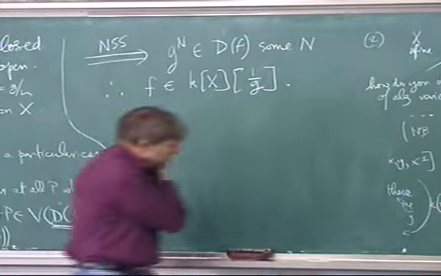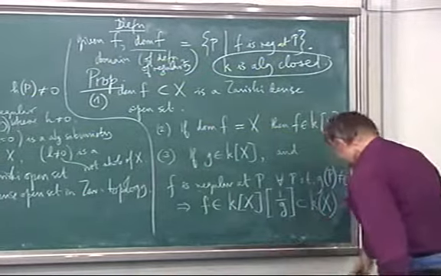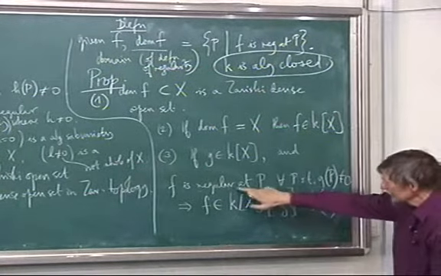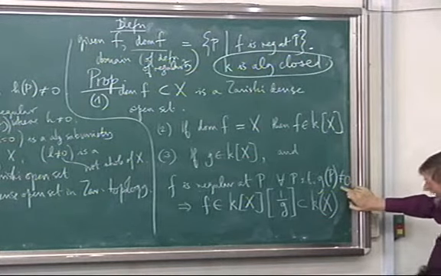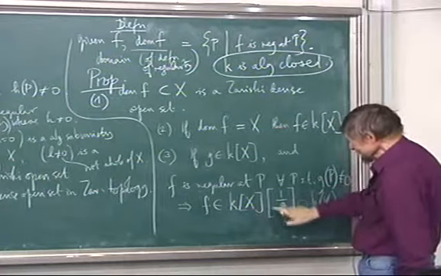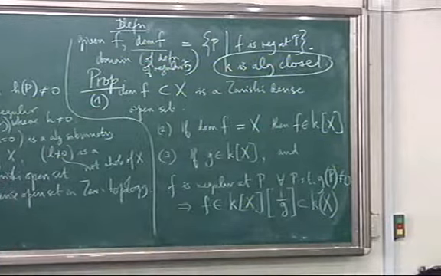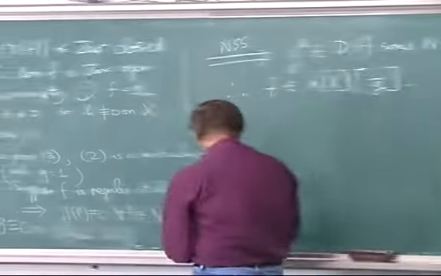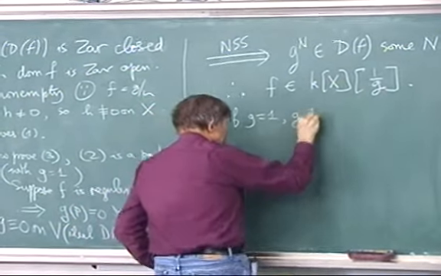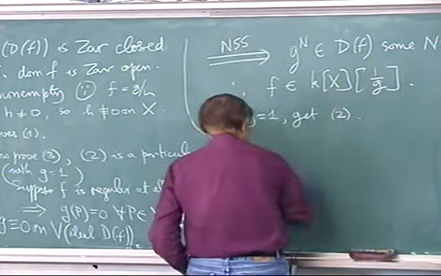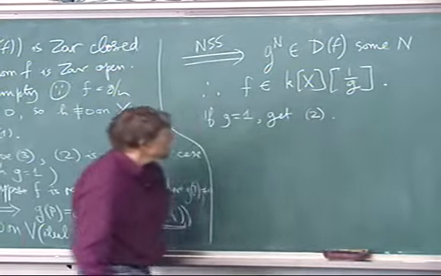So this proves statement 3: suppose that f is regular at every point p where g of p is not 0, then f can be written as a rational function where the only denominator is a power of g. And if g equals 1, we get statement 2: if f is regular at every point, then f is actually a polynomial.